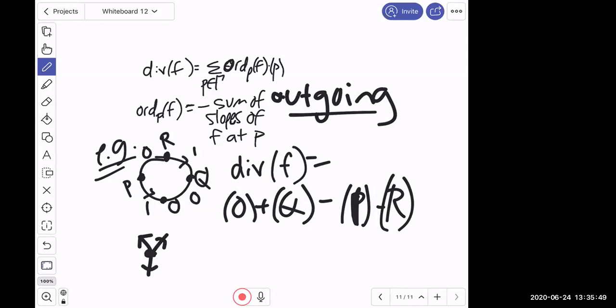At a vertex, if this is my point P in the middle here, then I have three outgoing directions. I can look at the directional derivative of my function in each of those directions, or just the slope, since it's piecewise linear. And I add up those three slopes.